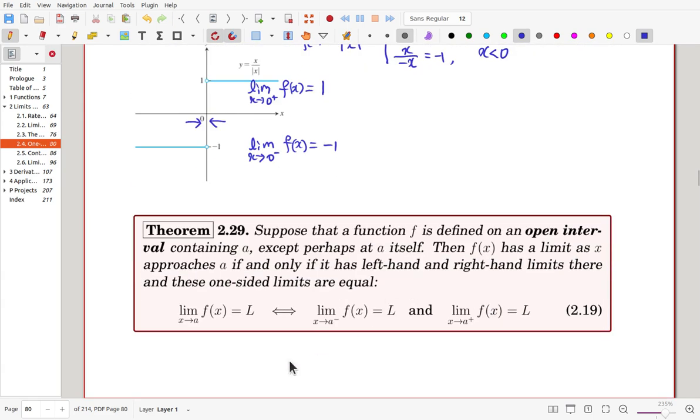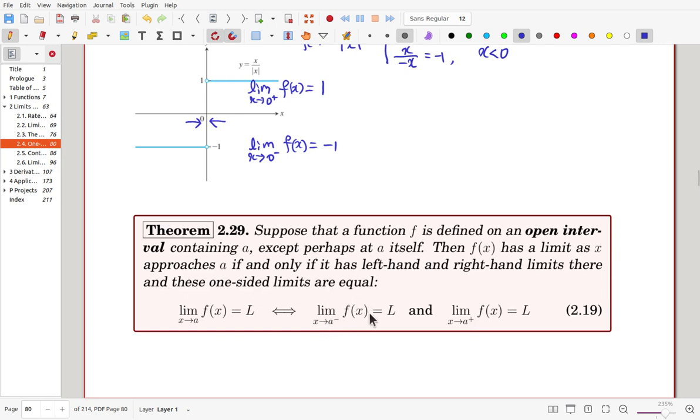The earlier definition of limit requires both-side limits to exist, and it is the same now. So f(x) has a limit as x approaches a if and only if the function has left-hand and right-hand limits there, and these two one-sided limits are equal.